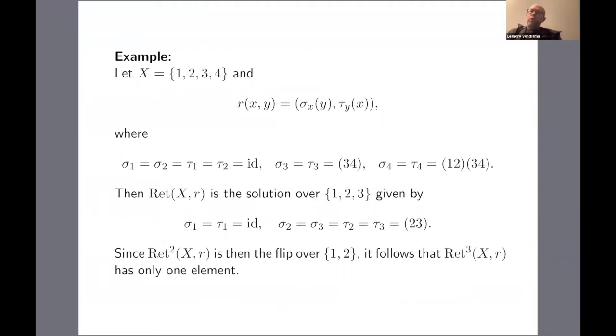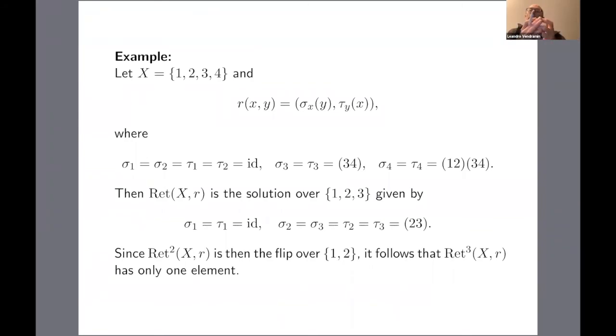The retraction will have size 3, and it is the solution given by these permutations that I wrote there. Then I can retract again, and I get the trivial solution, the flip solution over a set of size 2, which again, after retraction, of course, produces the solution of only one element. This is how the retraction of solutions works, okay? This is a very concrete example of a multi-permutation solution.